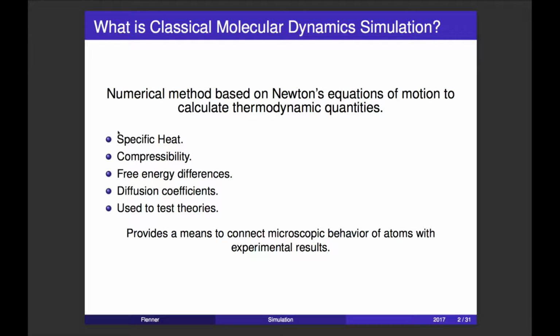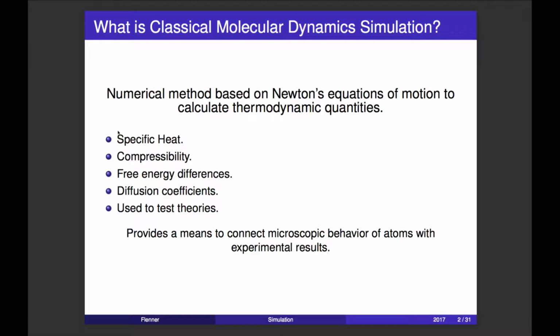So what really is classical molecular dynamics simulation? It's really a numerical method, and a lot of the simulations are based on Newton's equations of motion, although there are other things you can do. But we are interested in calculating thermodynamic quantities, for liquids maybe a specific heat, or compressibility. Martin does a lot of free energy calculations, so free energy differences between different states of matter to know which one's the most probable one in a given condition.